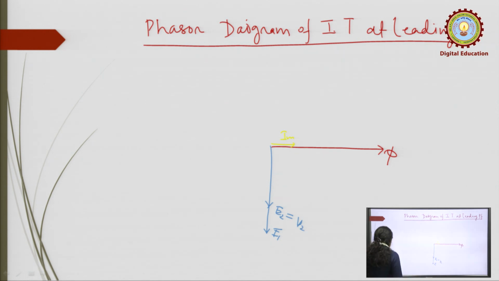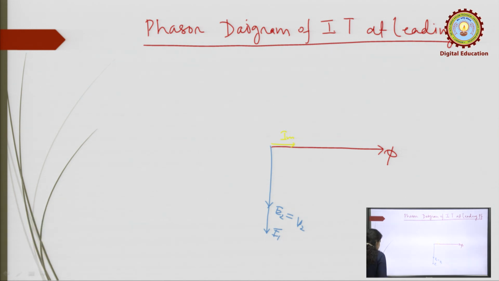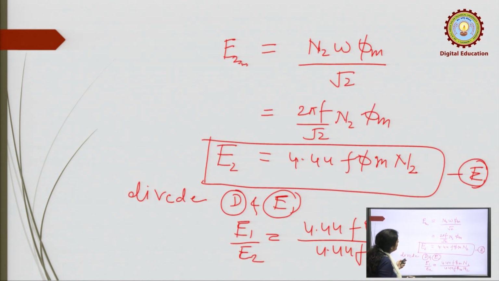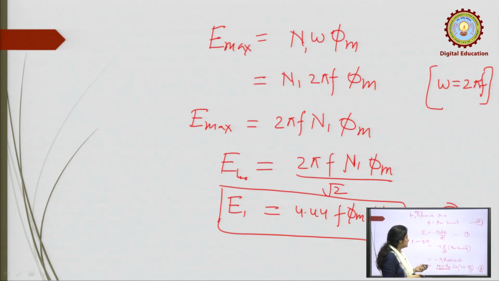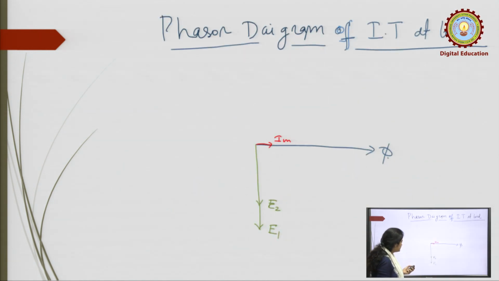Okay. Now, here you will see that as the switch is closed, suppose this Z2 load is in capacitive nature. That means the current is leading with the voltage.